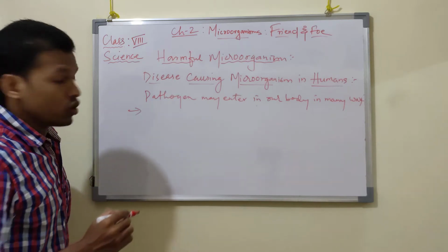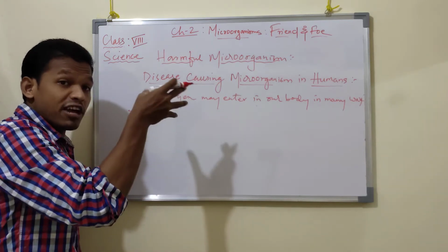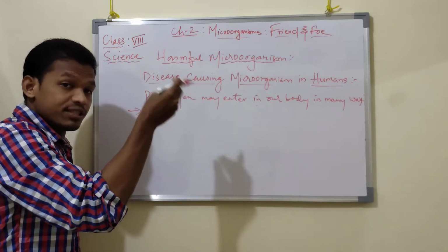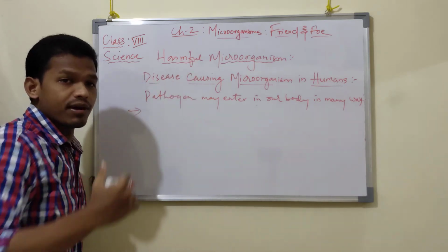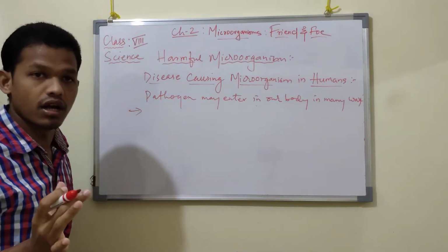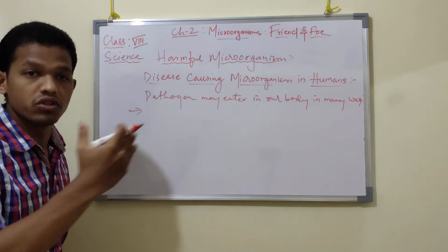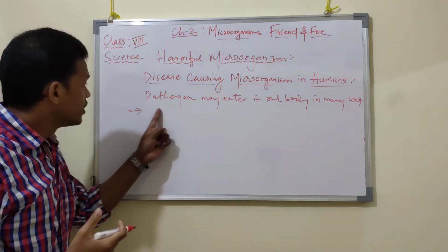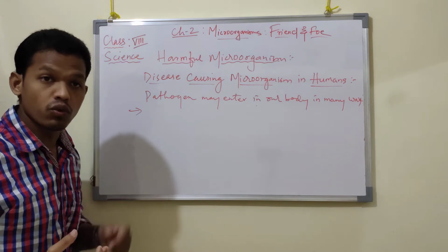So how do these microorganisms which cause diseases enter our body? We are talking about human beings. How do these microorganisms cause disease in humans? These pathogens may enter our body through what?